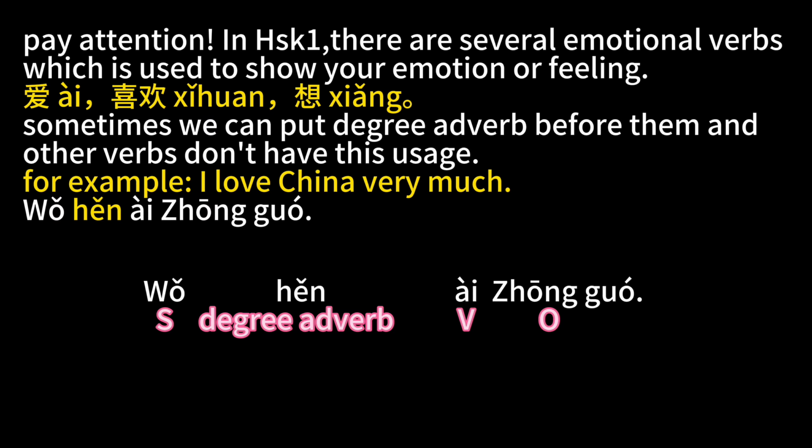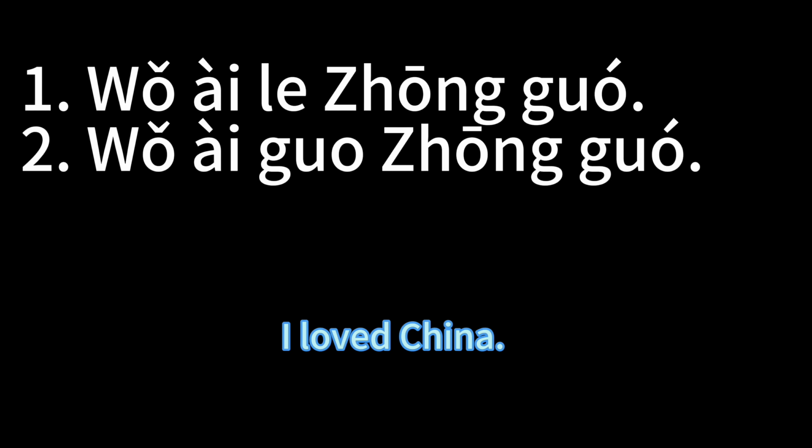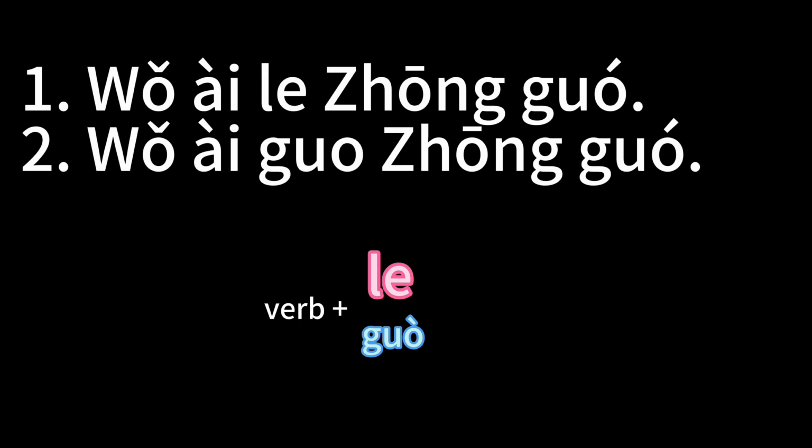Now, I have a question for you. You see there are two sentences, right? Sentence 1, 我爱了中国. I put the word 了 after the verb 爱. Second sentence, 我爱过中国. I put 过 after 爱. So which one is correct?